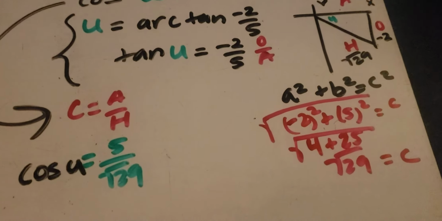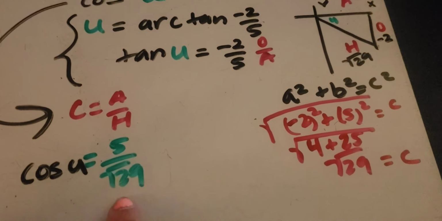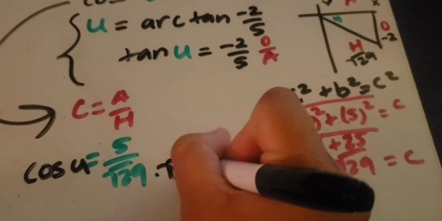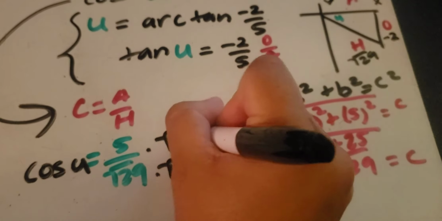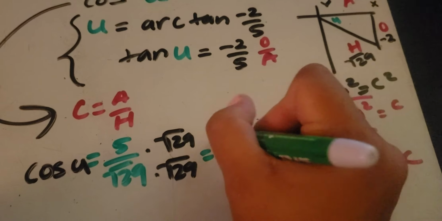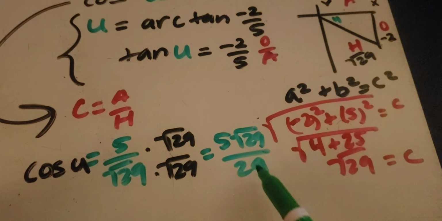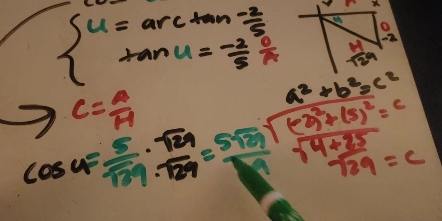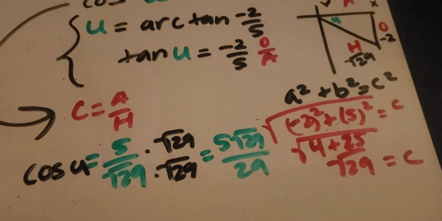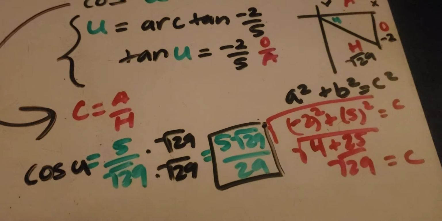And hopefully you're thinking, she's not going to leave it like that, is she? Because remember, we don't want radicals at the bottom, so we're just going to multiply by radical 29 over radical 29. And this will simplify to 5 radical 29 over 29. If the coefficient and the denominator can reduce, we would reduce, but in this case they can't. So this is our final answer: 5 radical 29 over 29.